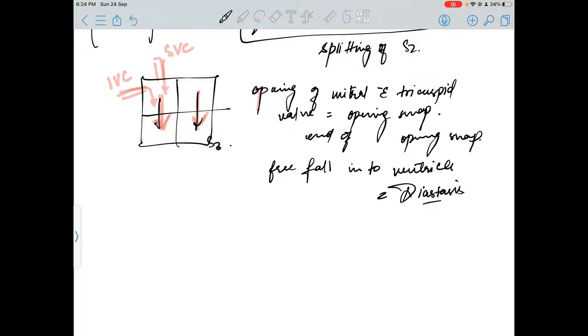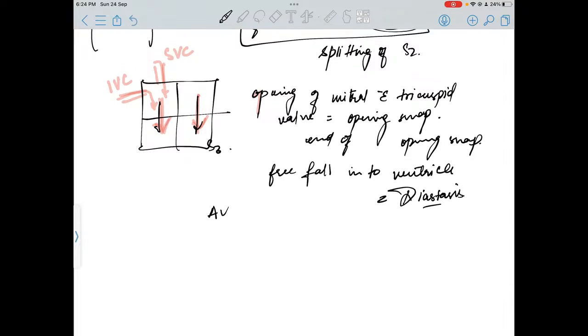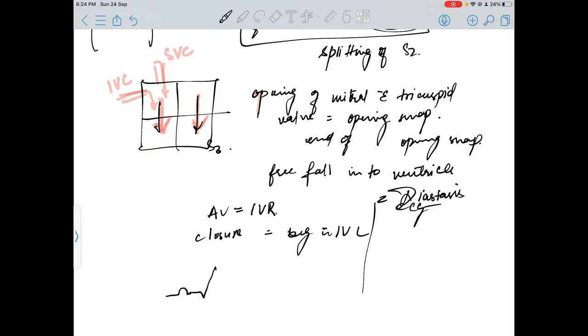Now there is opening of the AV valve. The AV valve opens at the end of IVR. At the end of IVR, they are opening. Closure is at the beginning of IVC. Now what happens in the ECG is there's a P wave, there's a QRS wave, and there's a T wave.